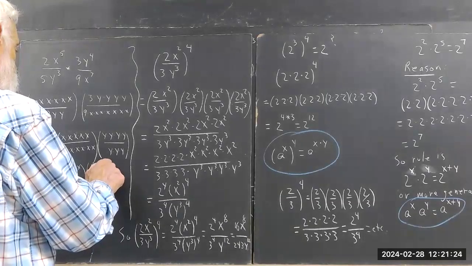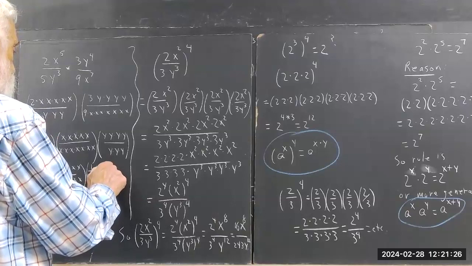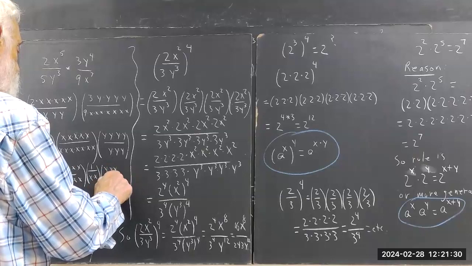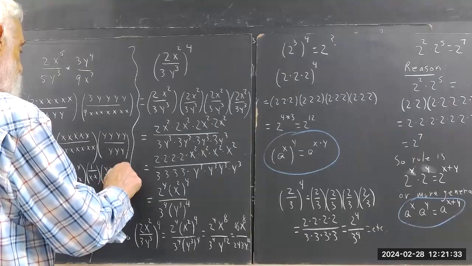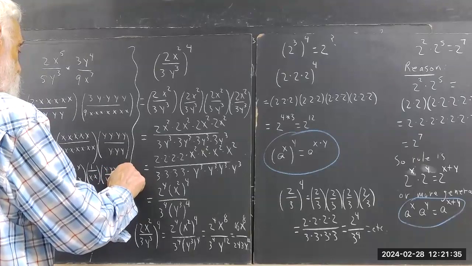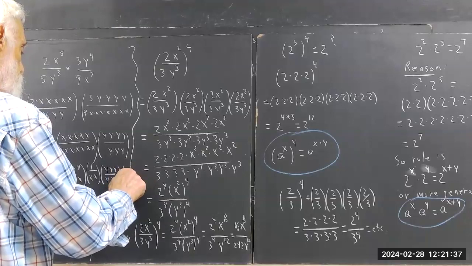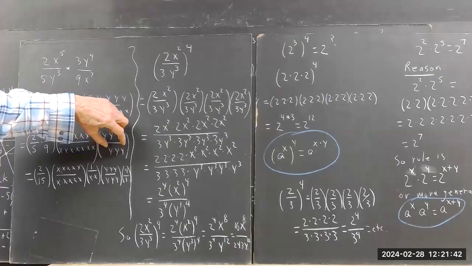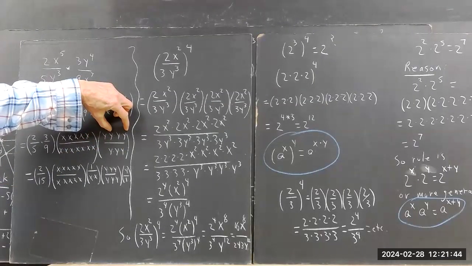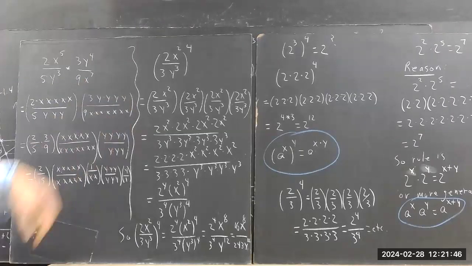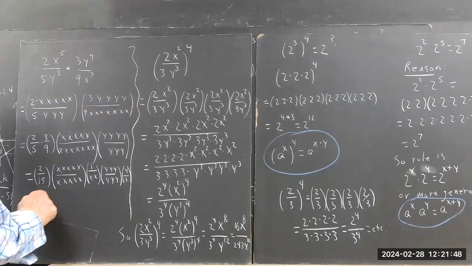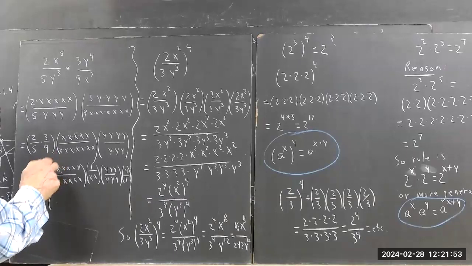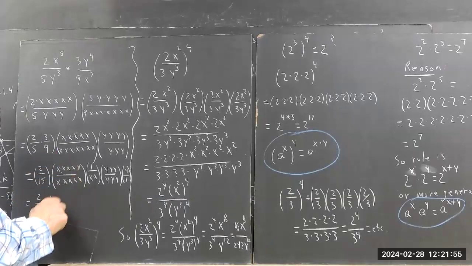And then that's times this. So I can match up 3 of the y's in the denominator with the 3 in the numerator, right? And I get 2/15 times, well, I've got 5 x's in the numerator, 5 x's in the denominator.